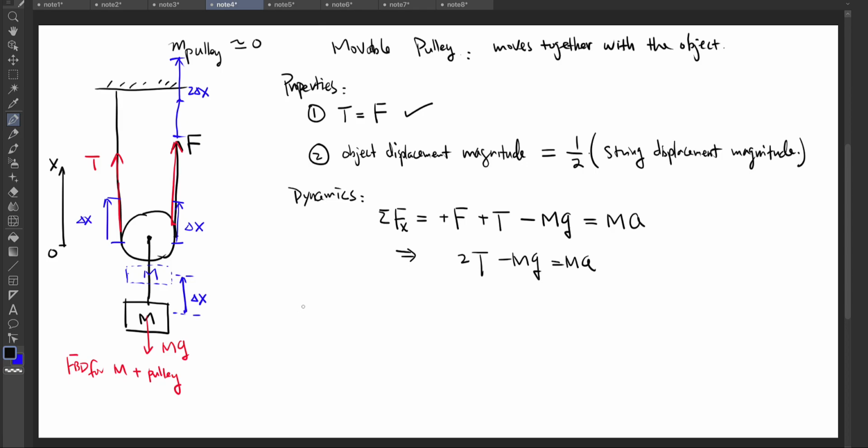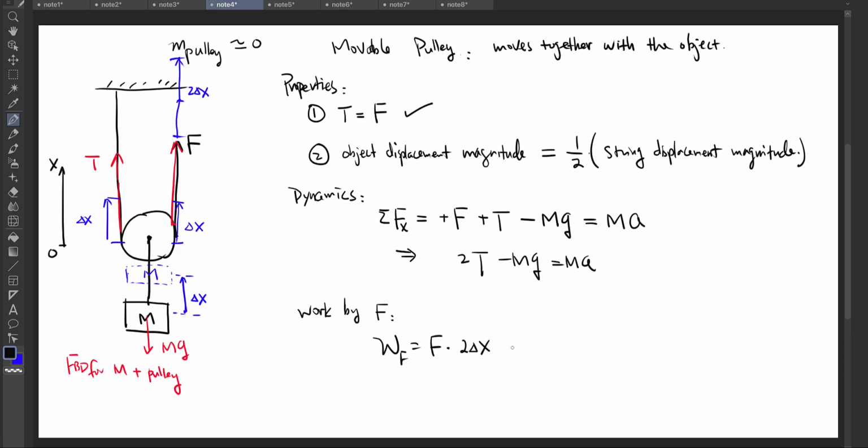Now another thing I want to mention, just like before, think about the work done by the pulling force F. Okay, so we know the work done by F is F times the displacement, right? Now the displacement is 2 delta x. Previously we said that the mass M moves up delta x, then the string moves up 2 delta x. Okay, so that's the displacement of the force.